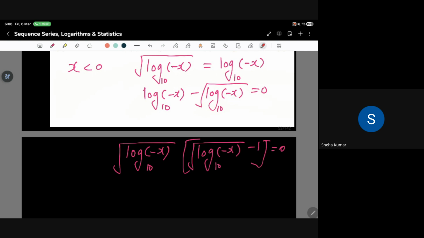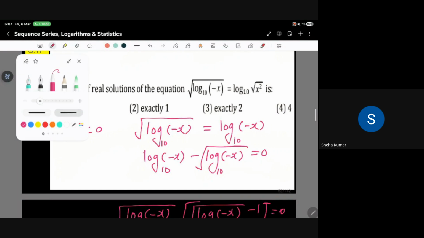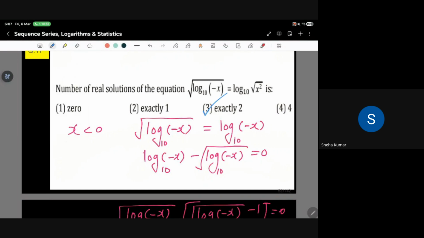So one solution. When this is 0, it means this thing is becoming 1. So x will be minus 10, then only 10 and 10 will become 1. So there will be exactly two solutions. Yes, anyone have doubt in this?